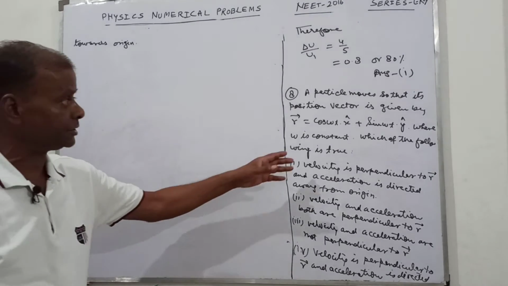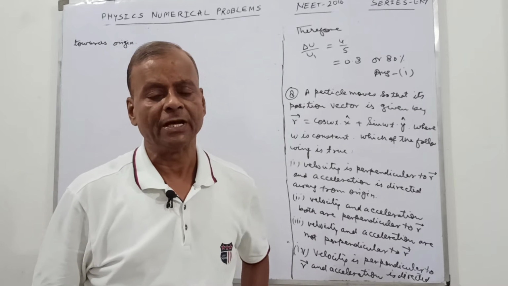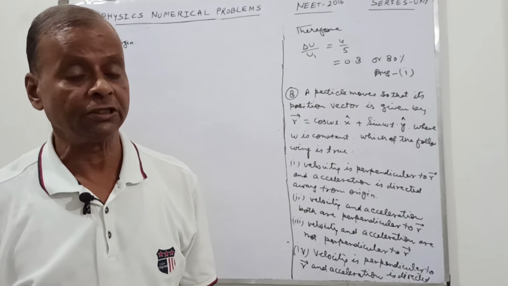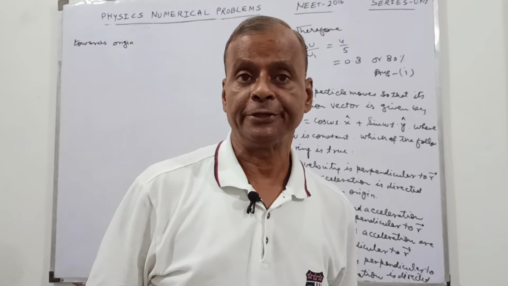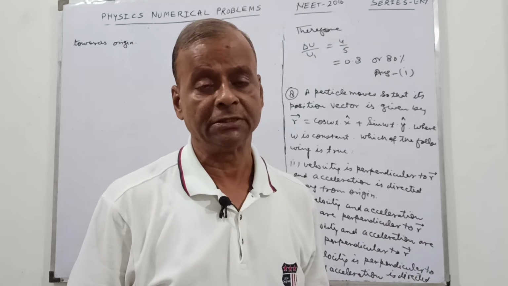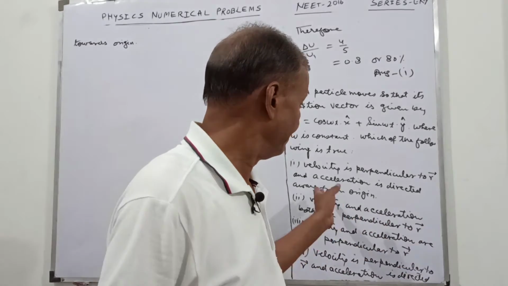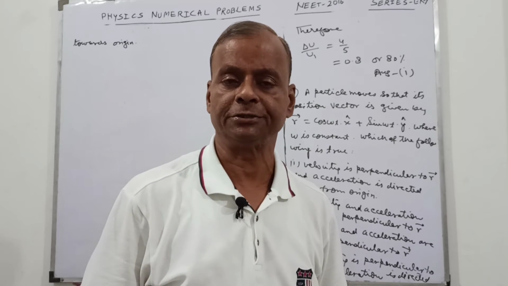Though this is the question of simple harmonic motion, and this is also taught in the classroom that the velocity is always perpendicular to the displacement, and the acceleration is always directed towards the origin or towards the mean position.